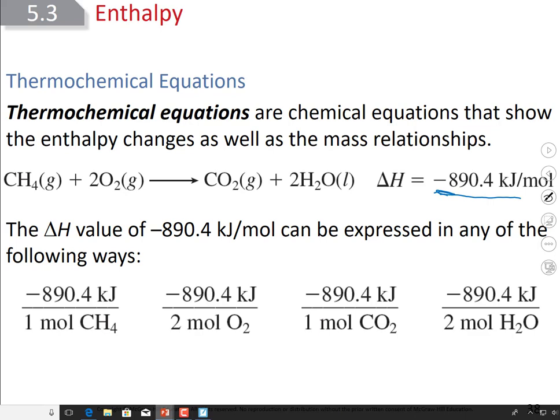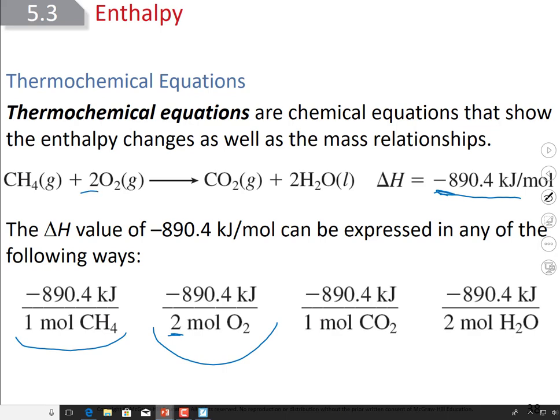What this down here is saying is that this enthalpy term, because it is part of the equation, you can use it in a stoichiometric ratio or a molar ratio, just as another term. So in terms of this equation, 890.4 kilojoules per mole means per mole of reaction. So I could write it in terms of moles of methane, in terms of moles of oxygen. Now, why do I have a 2 there?